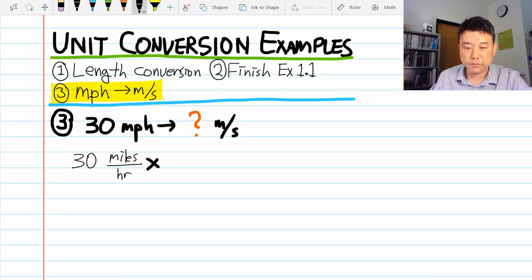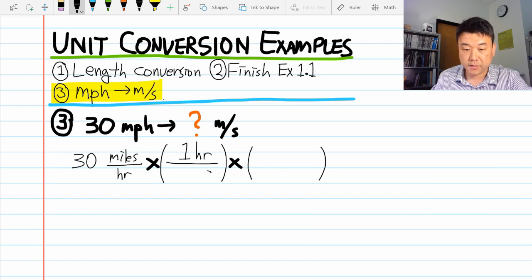So it looks like we will need two conversion factors again. Miles to meters and hour to seconds. Let me do hour to seconds first. That's the easier one. So I have 1 hour on the numerator, and on the denominator I want seconds. So it's a question of how many seconds in an hour.